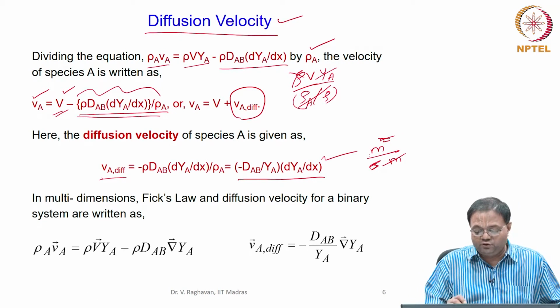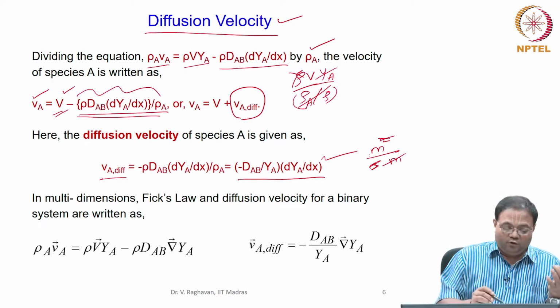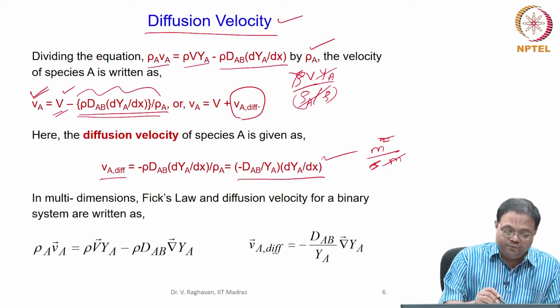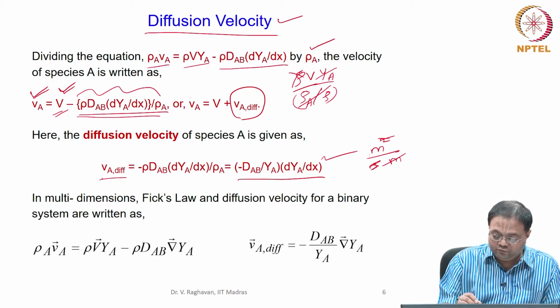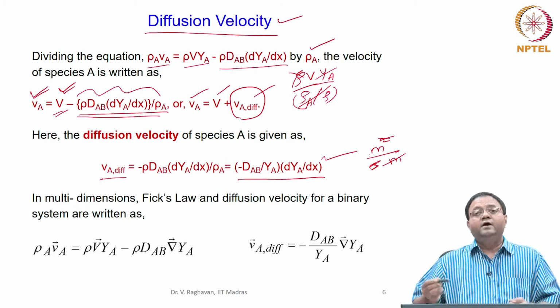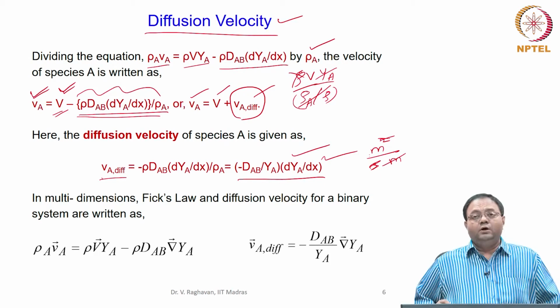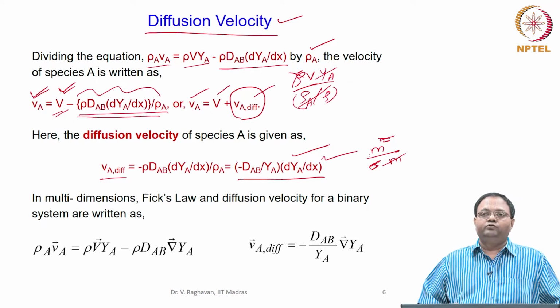If you want to calculate the species velocity, V A is the mixture velocity plus the diffusion velocity. The diffusion velocity can be calculated in a simple way using the concentration gradient and the binary diffusivity.